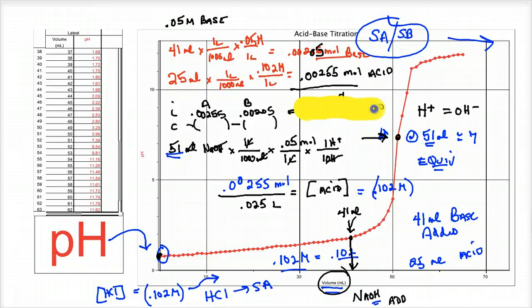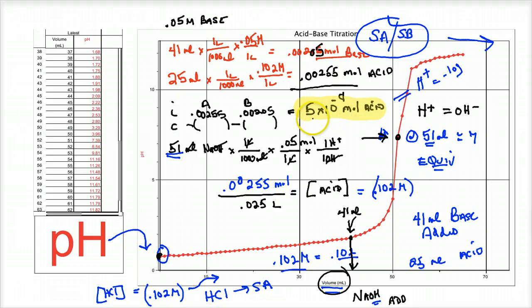What do I do with it? I'm trying to find a concentration. If I want to know what the pH is at 41 milliliters, I have the moles of acid, which we all know, party people, is the moles of what? The moles of H+. So let's do a negative log of that. It's just that simple. Now hold on, I'm sorry. I have to make that a concentration first. Bad Grotsky. Getting ahead of myself.